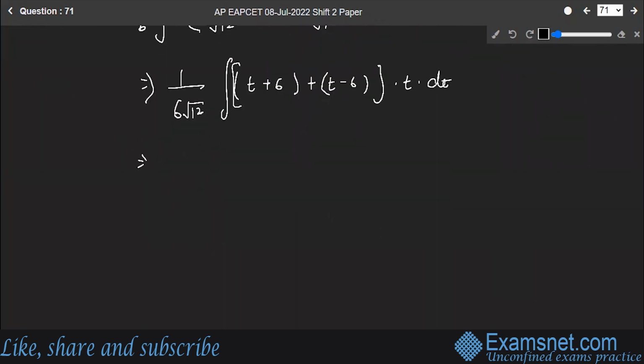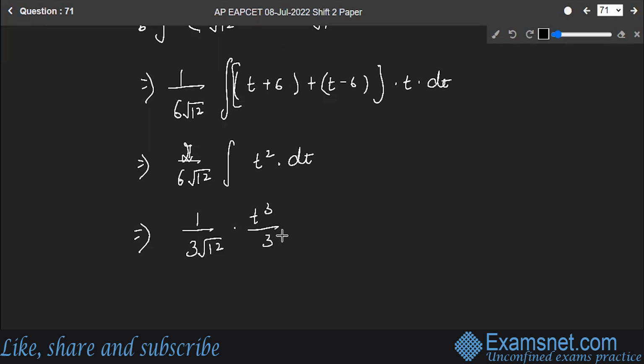Correct? So this is equal to 1 by 6 root 12. 6 and 6 will cancel. So this will be equal to 2. I'll take outside t square dt. So 1 by 3 root 12 into t cube upon 3. This will be 1 by 9 root 12 into t cube.